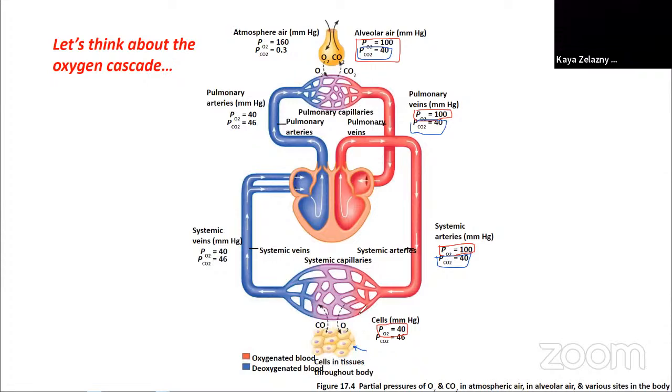So this is still telling you basically that we're coming to equilibrium with this amount of oxygen. Because our cells are using oxygen, they don't have a partial pressure of 100 because they're constantly using it. They're at 40.